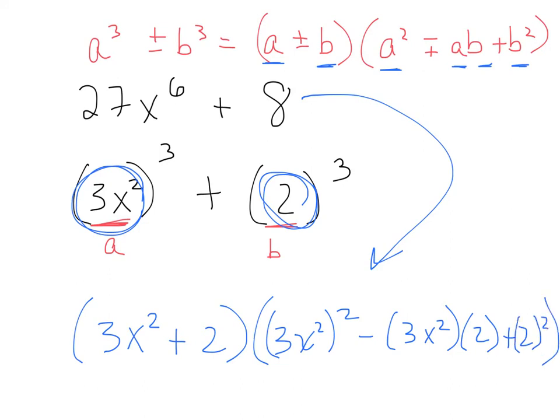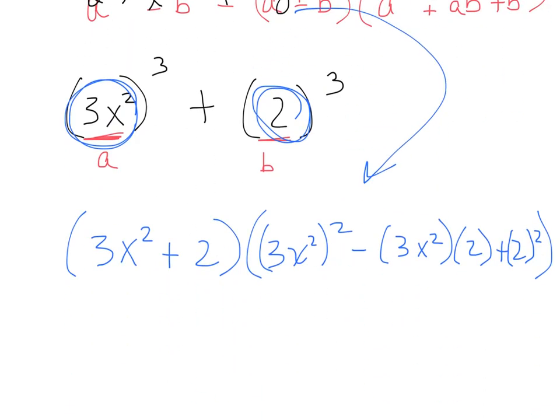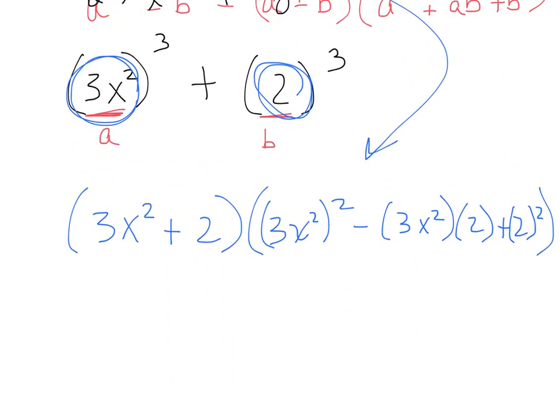So I'm literally identifying A as whatever this is, identifying B as whatever this is, taking those values of A and B and plugging it into that memorized formula I wrote down. And then at this point, I can just make this look nicer. That's all I have to do.